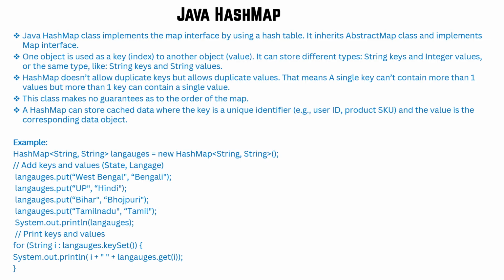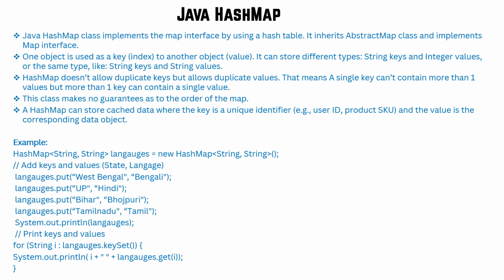A HashMap can store cache data where the key is a unique identifier, like user ID or product ID, and the value is the corresponding data object. So it will be key and value. The best example I have tried to give here: you can use string combinations, like country and their capital. That is the key-value pair combination.